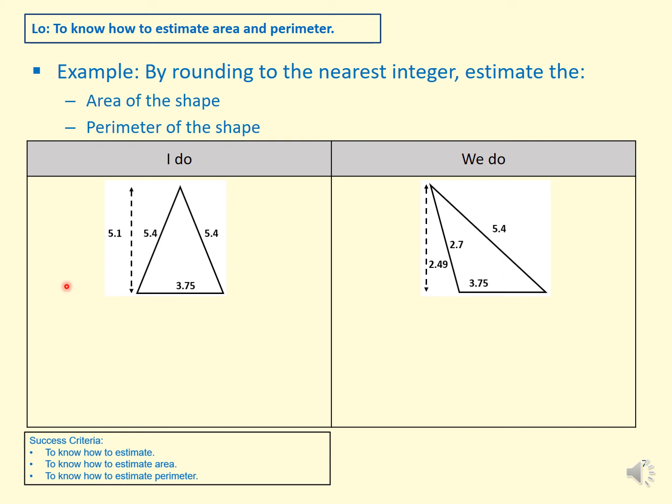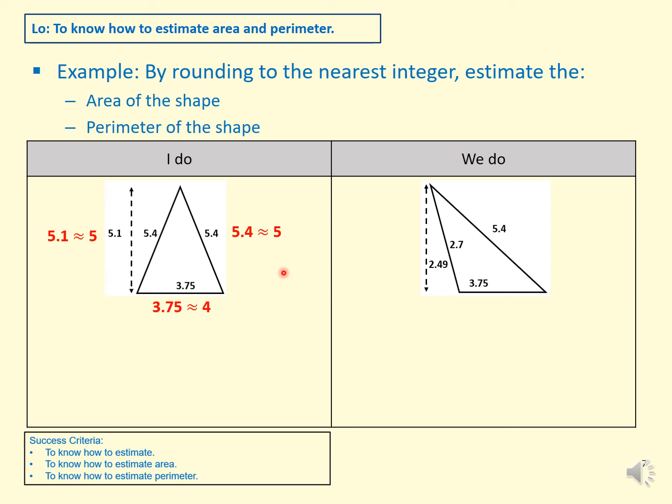So if I round every single one of them, for example here 5.1, rounding to the nearest integer is going to be 5. Same for 5.4, going to be 5, and for 3.75, because the digit after the decimal point is 7, which is more than 5, or 5 or above, I round 3 up, so I get 4. So these are the numbers that have been rounded.